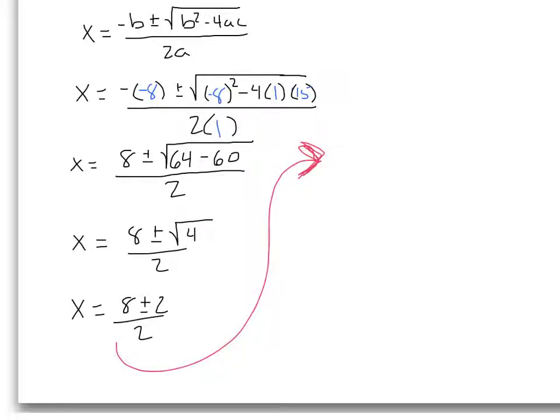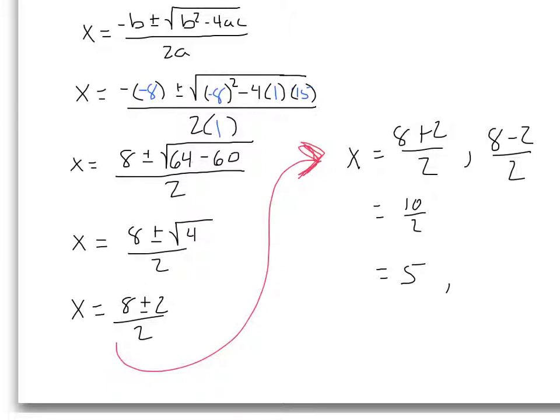So we have x equals 8 plus 2 over 2 and x equals 8 minus 2 over 2. What's 8 plus 2? 10. Divided by 2? 5. What's 8 minus 2? 6. Divided by 2? 3. There's our solutions. X equals 5 and 3.